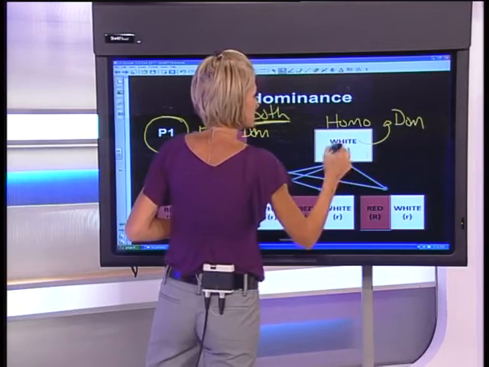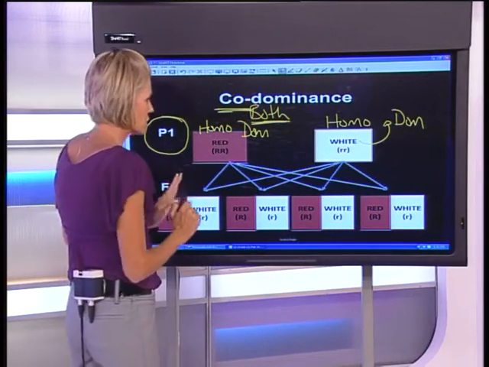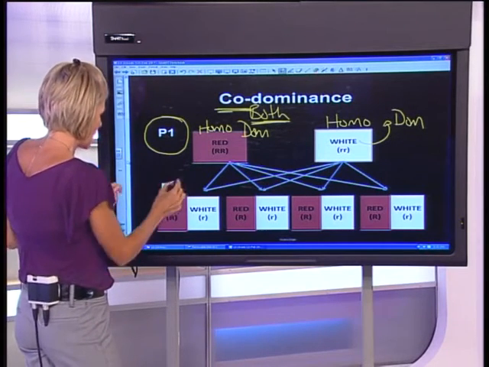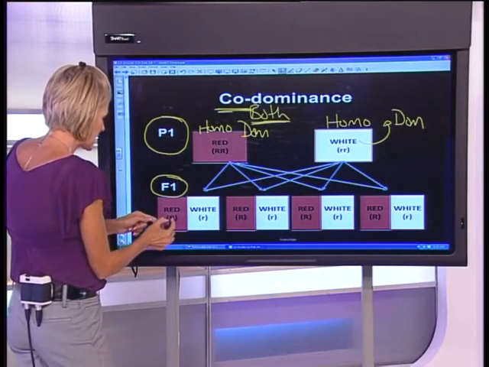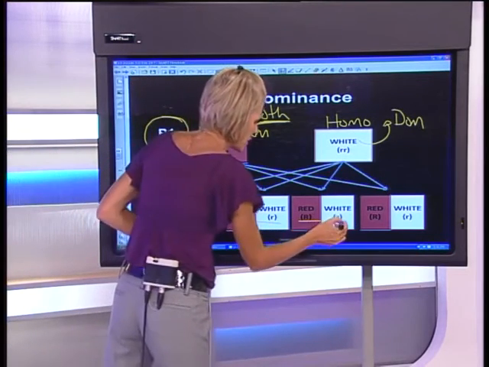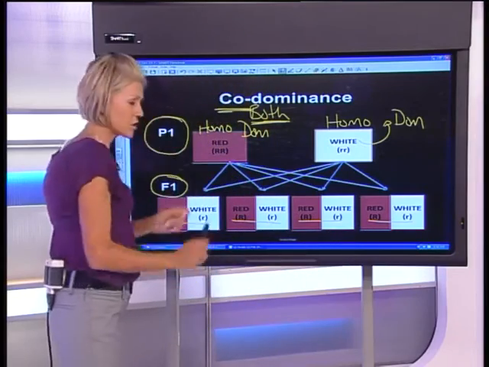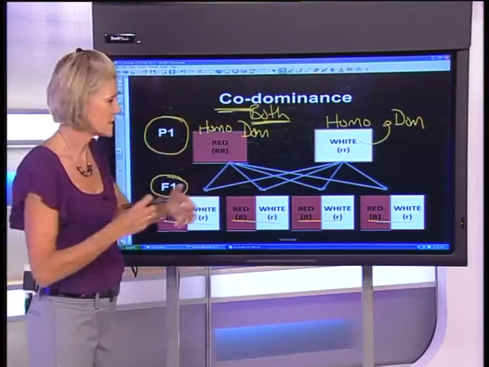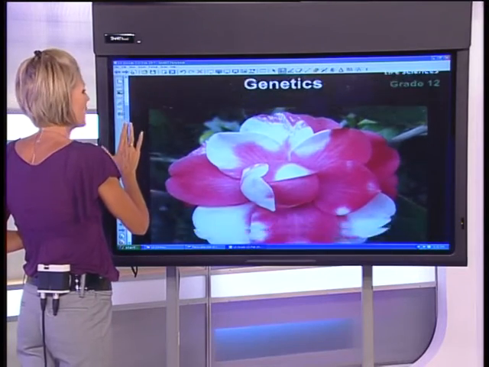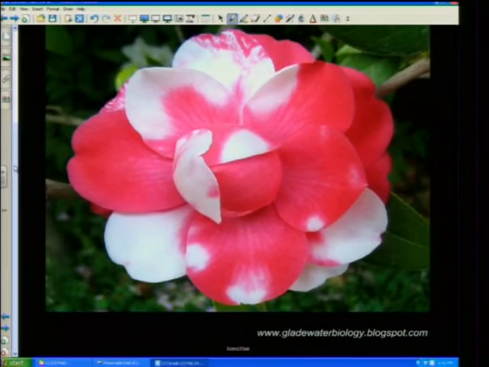And I didn't want to use the letter W. So it's also dominant. We have codominance. So what do we end up with here? In the F1, we end up with something that is red and white. Red and white, red and white. So the red has its place, the white has its place. And you check this out. And this is what we have in nature. Look at this little flower.